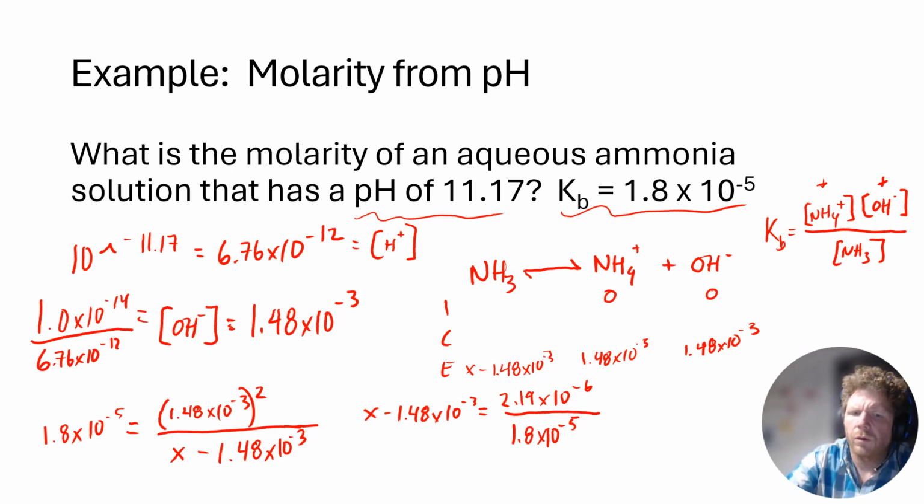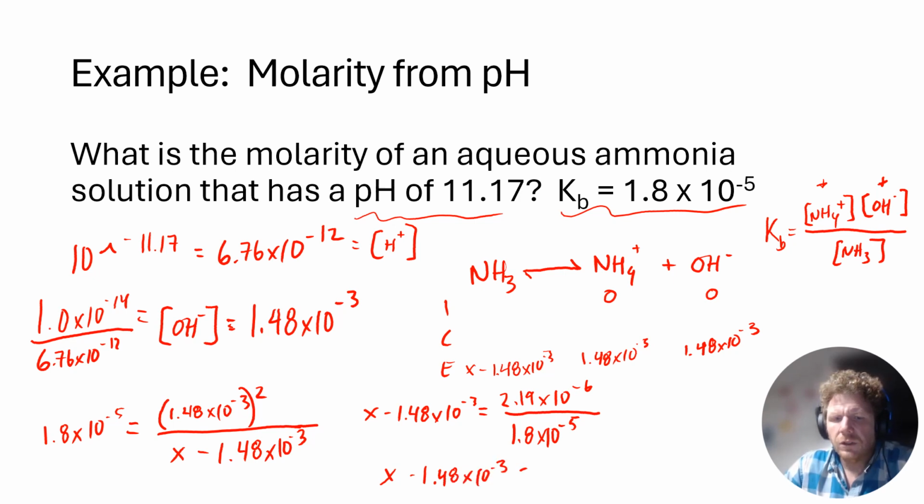So divided by 1.8. Okay, so now I'm looking at x minus 1.48 times 10 to the negative third is equal to 0.12168, and then it just goes on, 8 repeating.